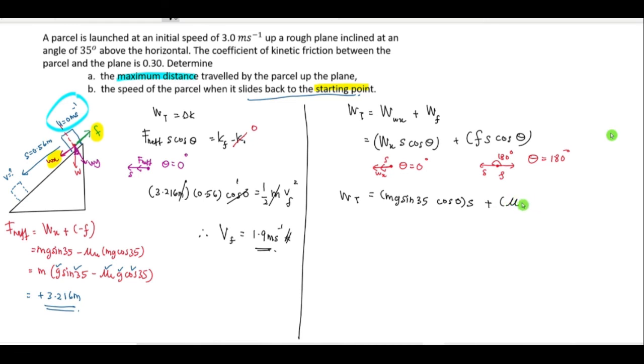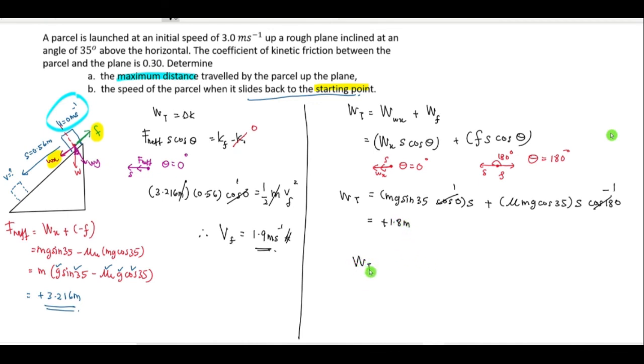N kita adalah mg cos 35 times dengan s, okay, cos 180 degree, negative 1. Okay, so you selesaikan, you akan dapat positive 1.8 m.